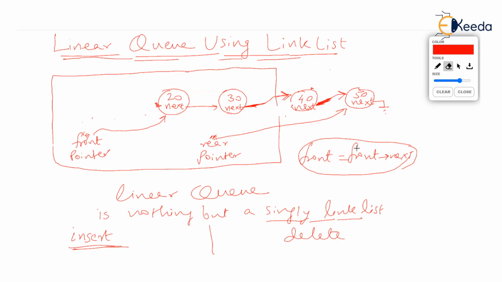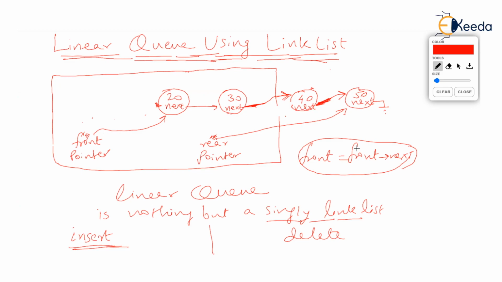Anyway, so the advantage of creating linear queue using linked list is we don't have overflow problem here. That's what plainly we can say, because the overflow will occur only when memory will be full. But in linear queue using array, the overflow problem can occur because the array has fixed size and sometime later the array will become full.